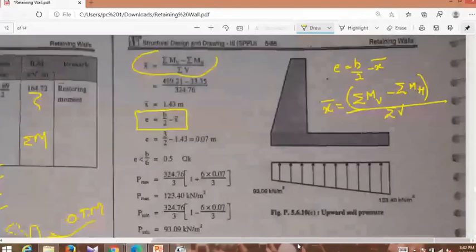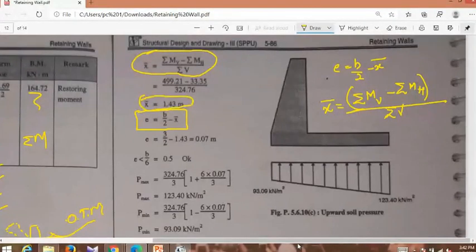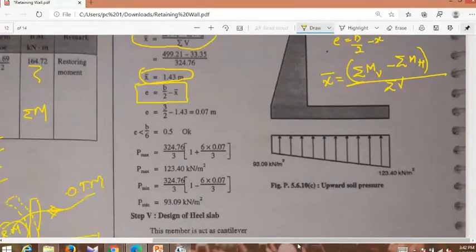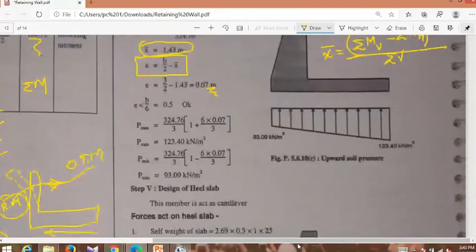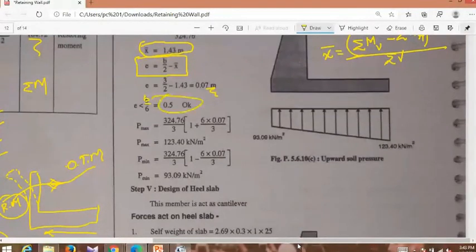On simplification, we will get the x, the distance, that is 1.43 meter. Just substitute here. Here we will get the E value as 0.07, and also we should check where the maximum pressure is occurring. Therefore, E should be less than or equal to B by 6. It is positive.